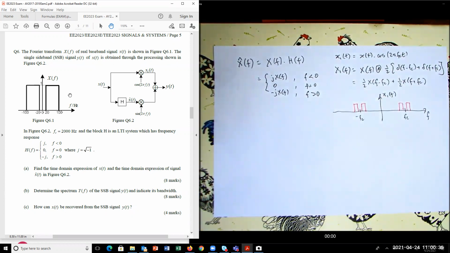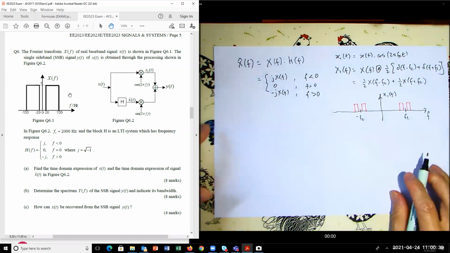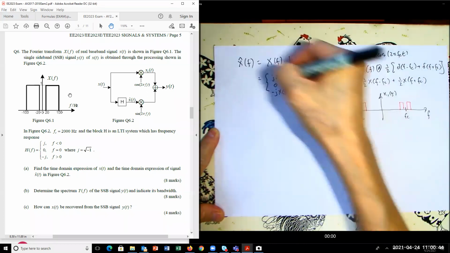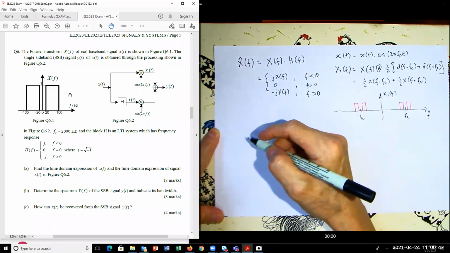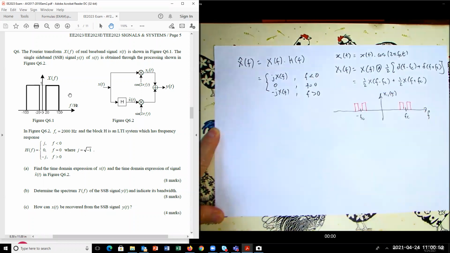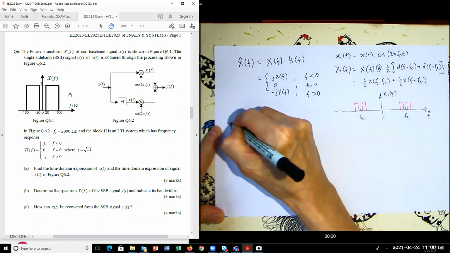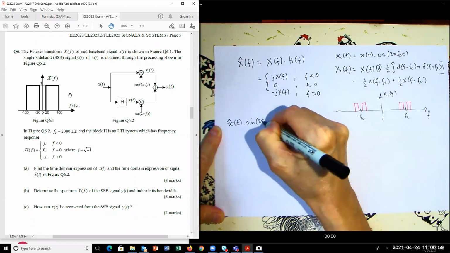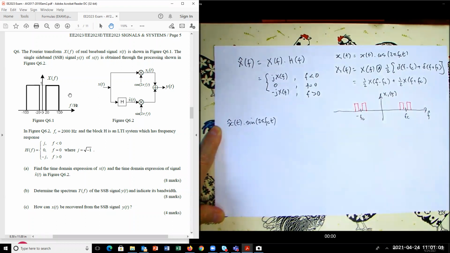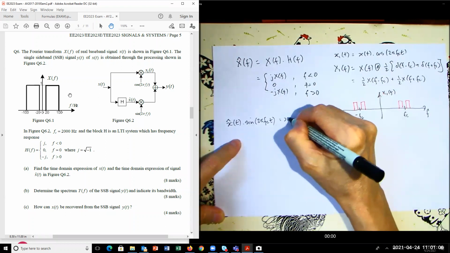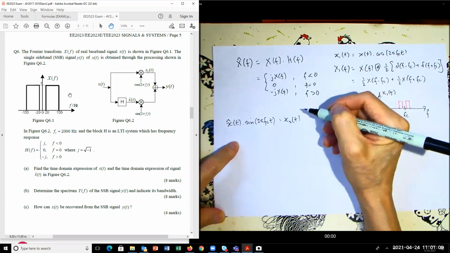Now we can do the same thing for the bottom rail. For the bottom rail, we have to get X hat first. X hat we have already got here, and then we multiply by sine. So we have X hat(t) times sine 2 pi fc t. Let me call this X2, to give it a name because it didn't have one.